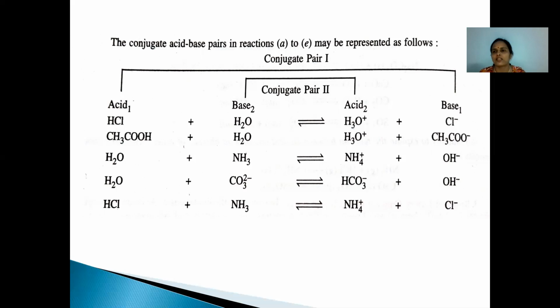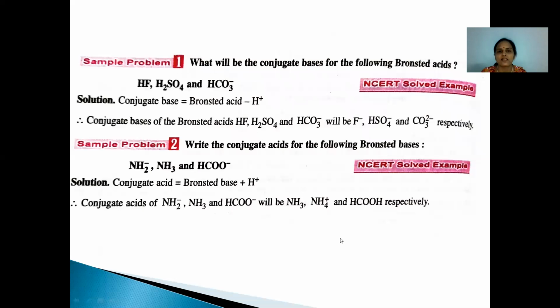H2O plus NH3 gives NH4+ plus OH−. H2O plus CO3 2− gives HCO3− plus OH−. HCl plus NH3 gives NH4+ plus Cl−. So if it acts as a Bronsted acid, it will result in the formation of its conjugate base, and if it acts as a Bronsted base, it results in the formation of its conjugate acid. That is the concept of Bronsted-Lowry acids and bases.